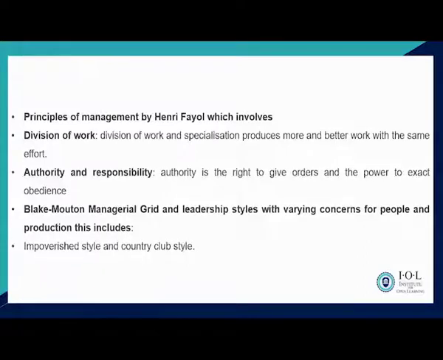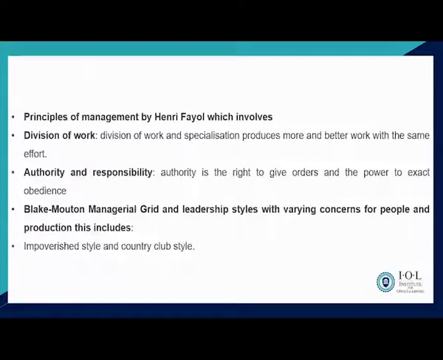Authority is the right to give orders and the power to exact obedience. And I also want you to look at the Blake and Mouton managerial grid and leadership styles with varying concern for people and production, which include impoverished style and country club style.